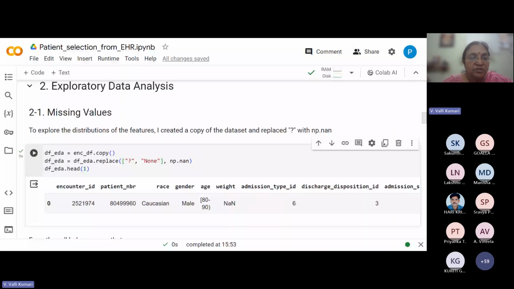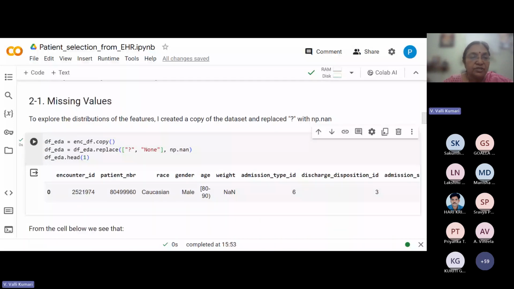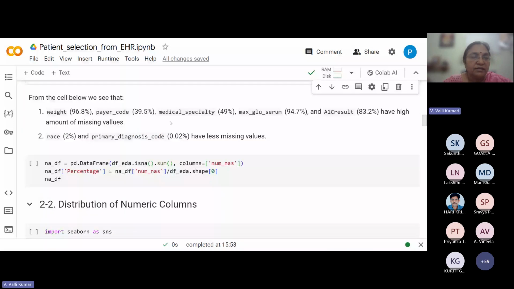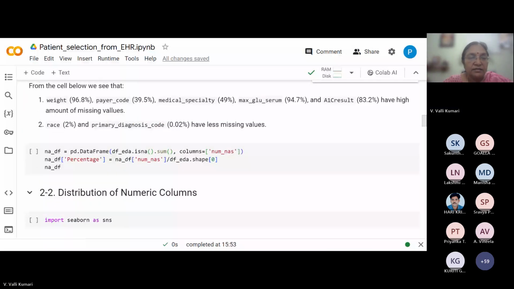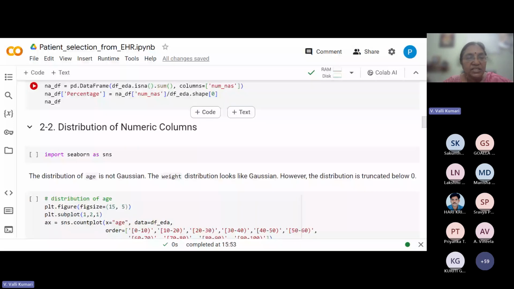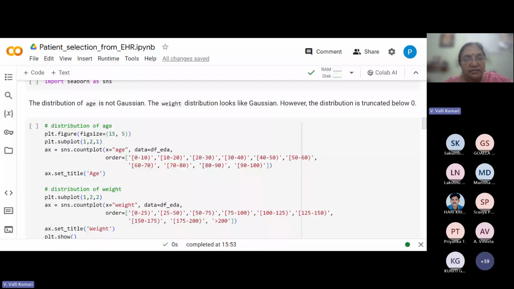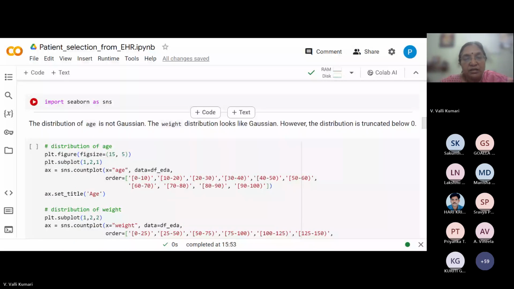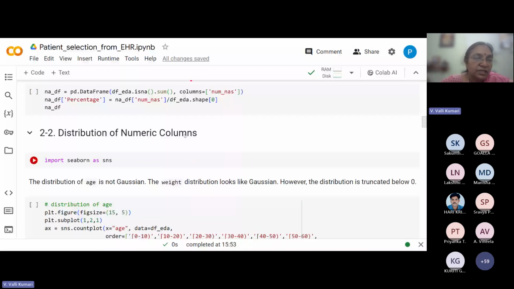Okay, then pre-processing of the data. So we are replacing any missing values with none. And then we check the distributions of these data. So we would like to know each column, if it is numeric, how is it like? Okay, so we run these.